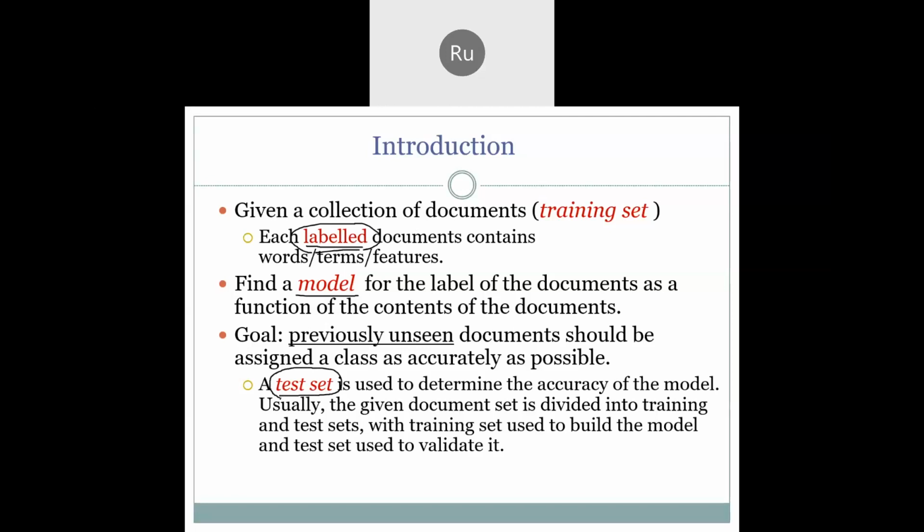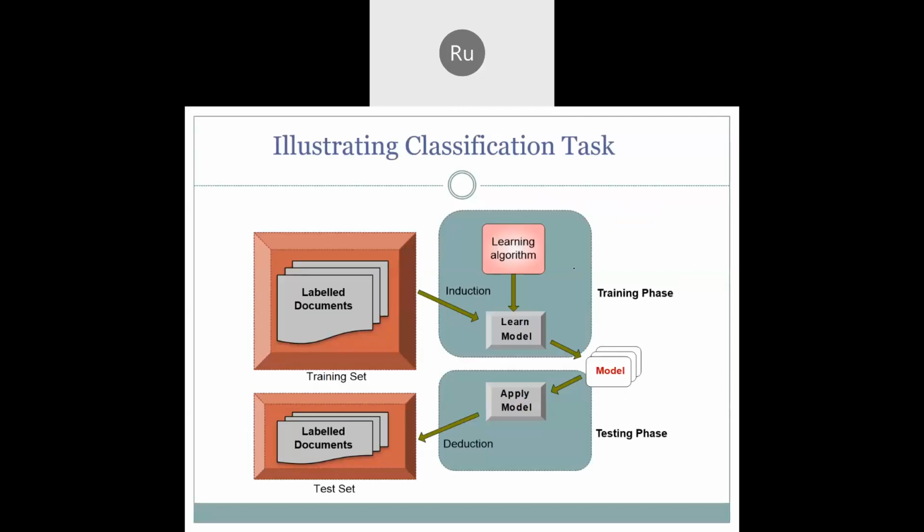Okay, so basically they have two phases here. Okay, so your document will be divided into two set of documents. The first one is called training set, and the second one is called test set.